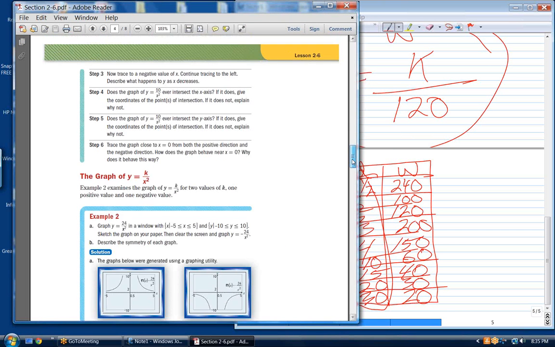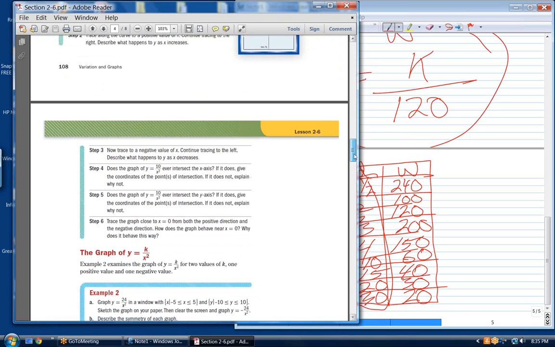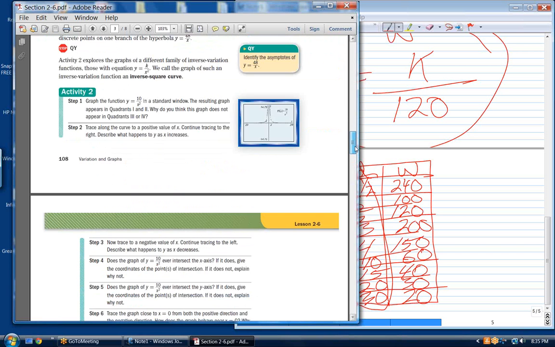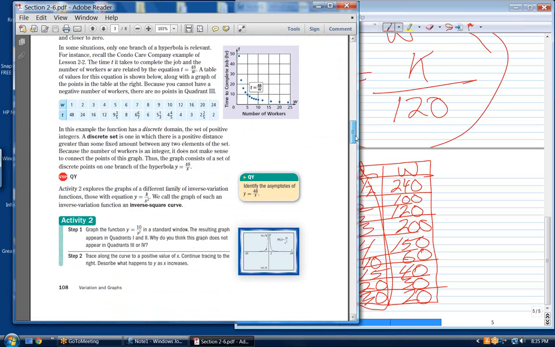Discrete mathematics is the branch of mathematics that deals with whole number integers. A discrete set is one in which there is a positive distance greater than some fixed amount between any two elements of the set. Okay, in this example, the function has a discrete domain, the set of positive integers.